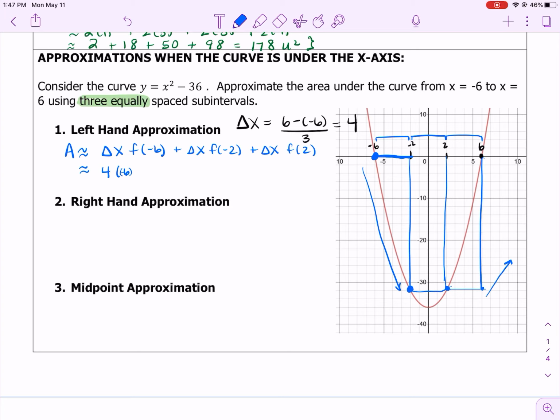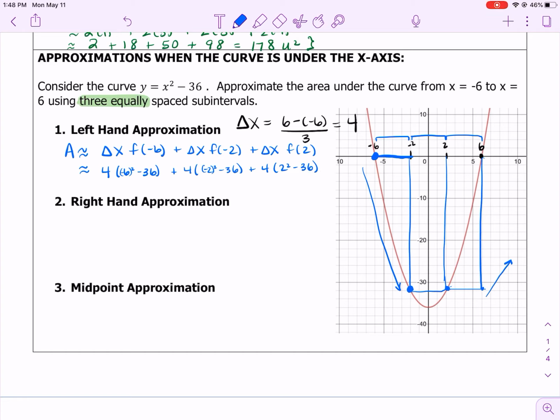So here we do have 4 times (-6) squared, don't forget to put in parentheses, otherwise you'll get the wrong number, minus 36, plus 4 times, again, don't forget to put that -2 in parentheses, squared, minus 36, plus 4 times, this one doesn't require parentheses this time, minus 36.